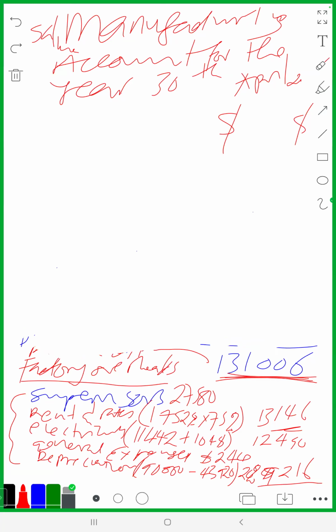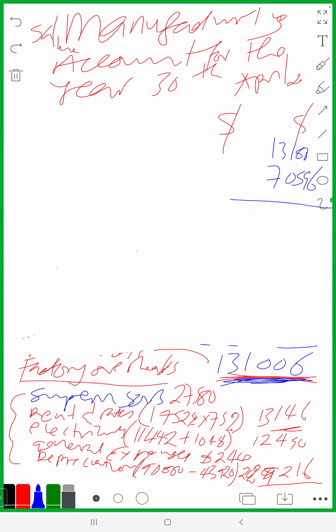So when you add all these figures and push the value in the last column, the value that you find is 70,596. So to this value you add this 131,006, which is in the last column, right?